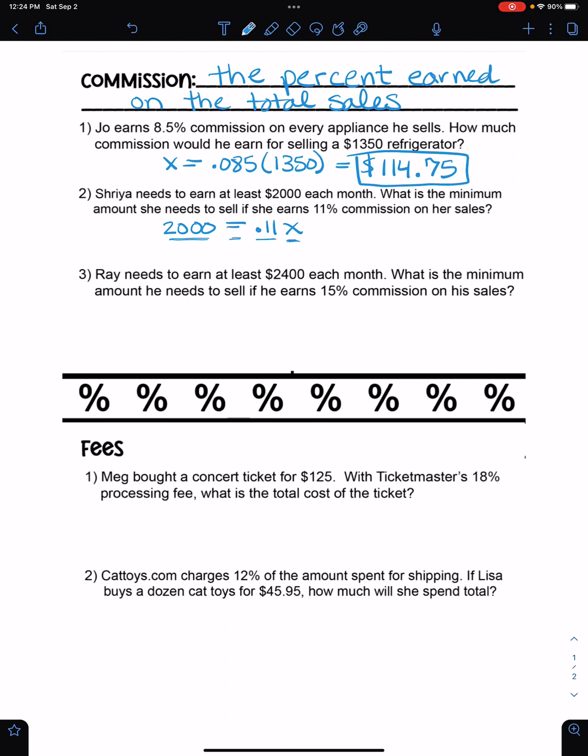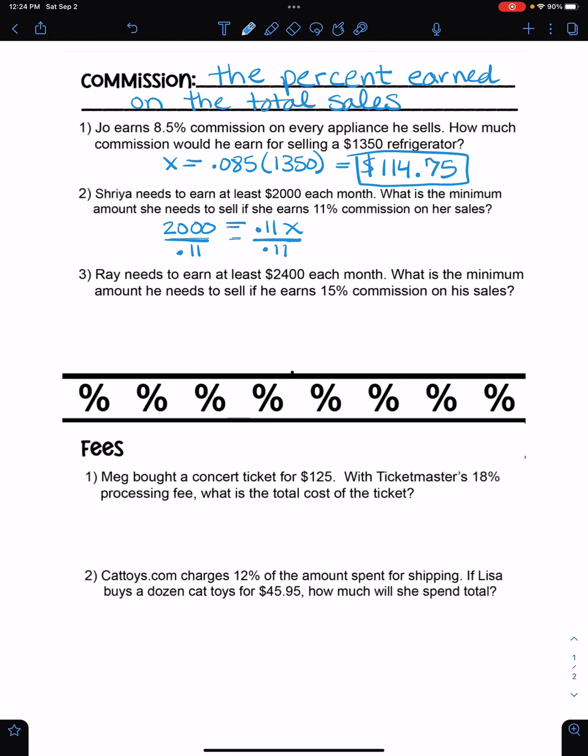So we're going to solve this using the method for solving one-step equations that we learned last year in 6th grade. Since x is being multiplied by 0.11, we're going to divide both sides by 0.11. That's the opposite operation, and whatever you do to either side of the equation, you do to the other side.